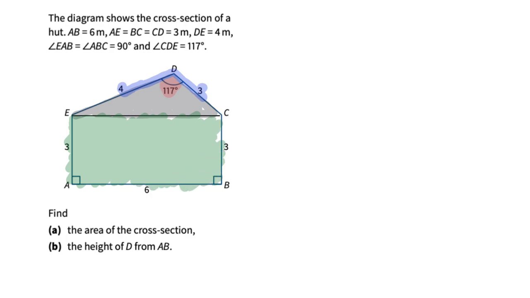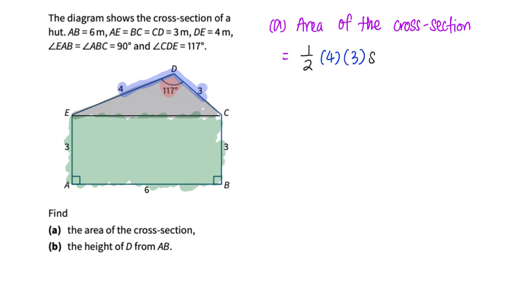So for part A, the area of the cross section is simply the area of the triangle, half times my two sides, times sine of the included angle, plus the area of the rectangle.